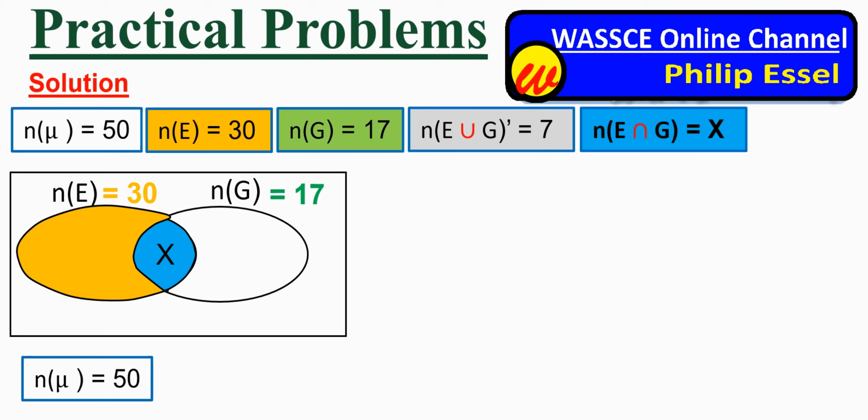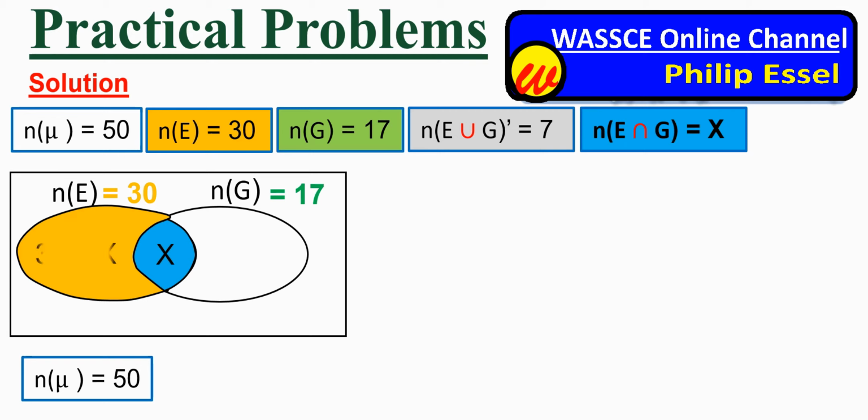Remember, you have a circular pizza, and you're taking the blue portion of the pizza. So you'd have to subtract it from the whole pizza to get the orange portion of the pizza. So you get 30 minus x, representing the orange section of the circle.